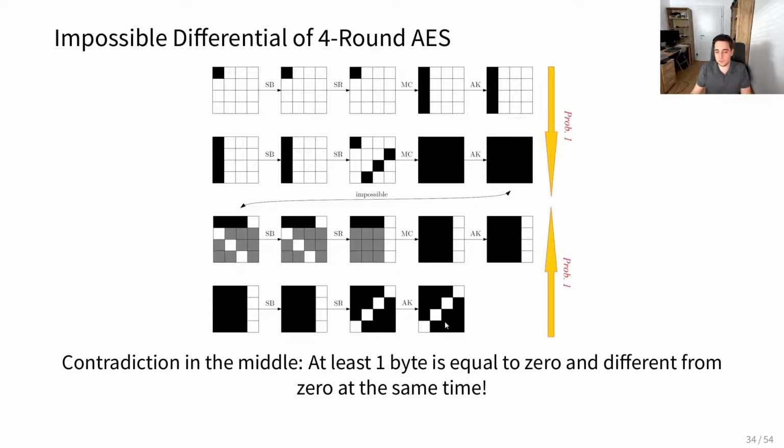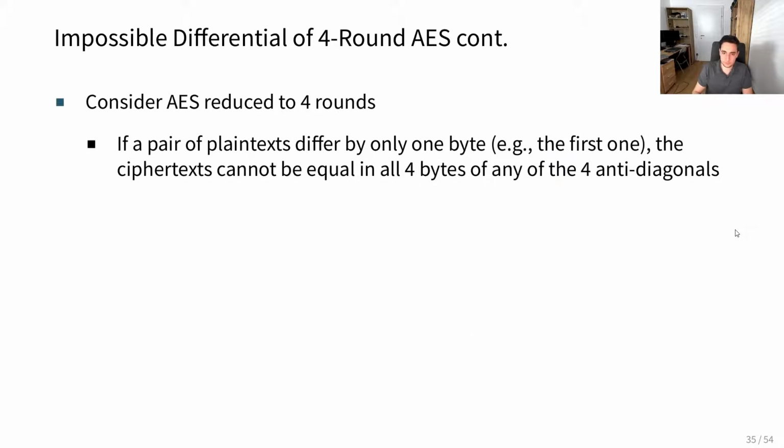We cannot arrive at this representation if we start from the beginning. And again, this is the same as for the Feistel approach. We had one difference which goes in the forwards direction, another which goes in the backwards direction, and we have some contradiction in the middle. And so we conclude that the whole mapping over the 4 rounds in that case is not possible. So this is the same as before.